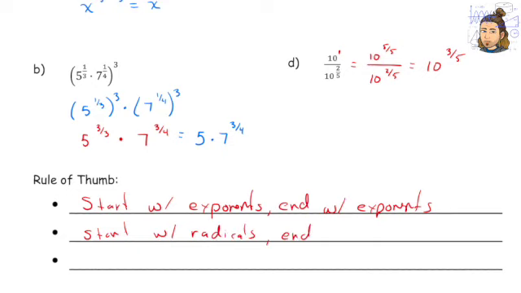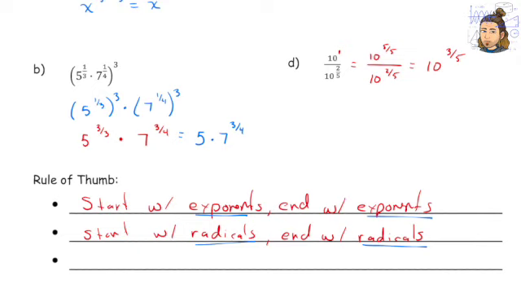So what I mean by that, guys, is if the problem gives you exponents, even if you convert the problem to radicals to solve it, you should end with exponents. So whatever you start with, if it's exponents, end with exponents as your final answer. If you start with radicals, you should end with radicals. Whatever you start with in the problem, that should be what you finish with, because that's the form of the problem, unless it tells you otherwise, of course.